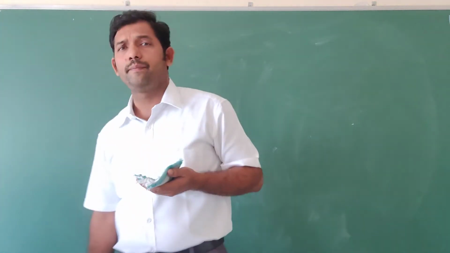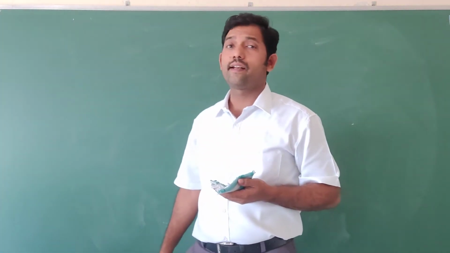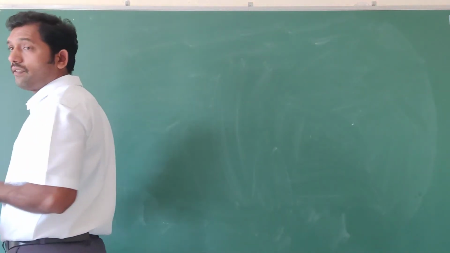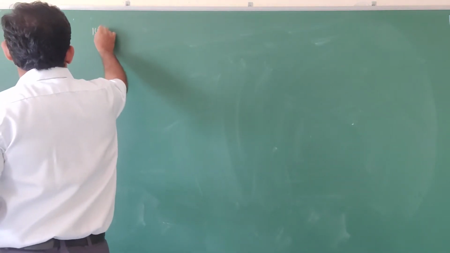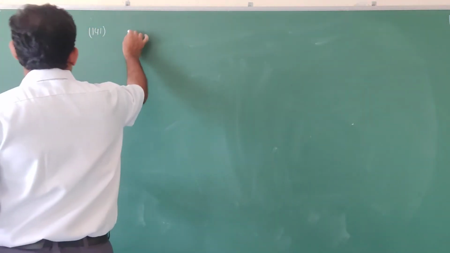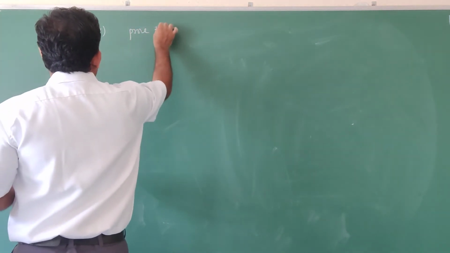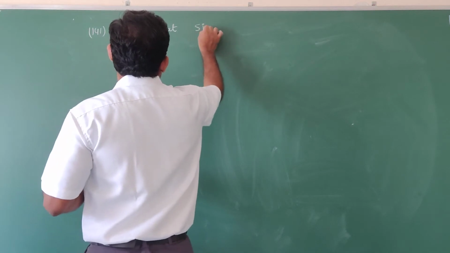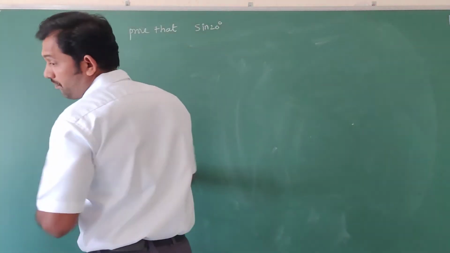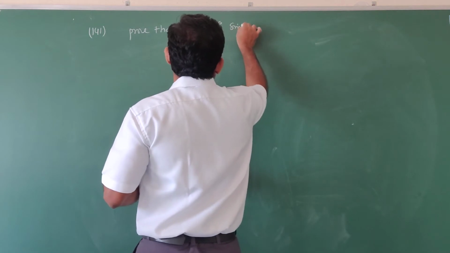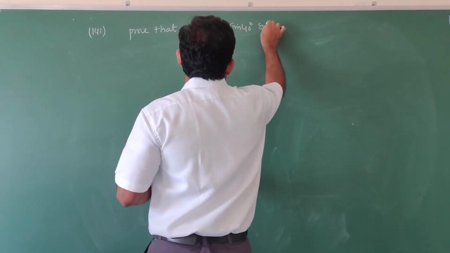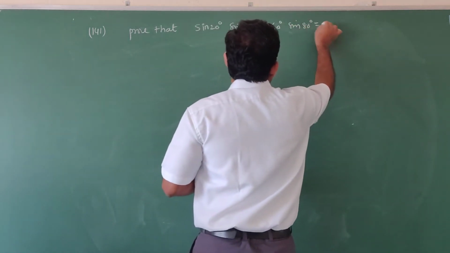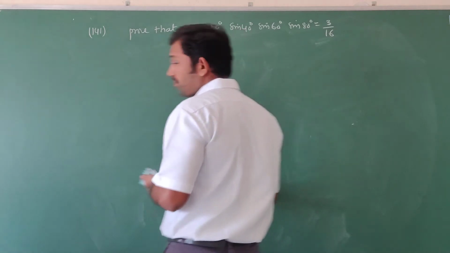These two questions, these two formulas are related questions. Note down question number 141. Prove that sin 20 degrees, sin 40 degrees, sin 60 degrees, sin 80 degrees is equal to 3 by 16.